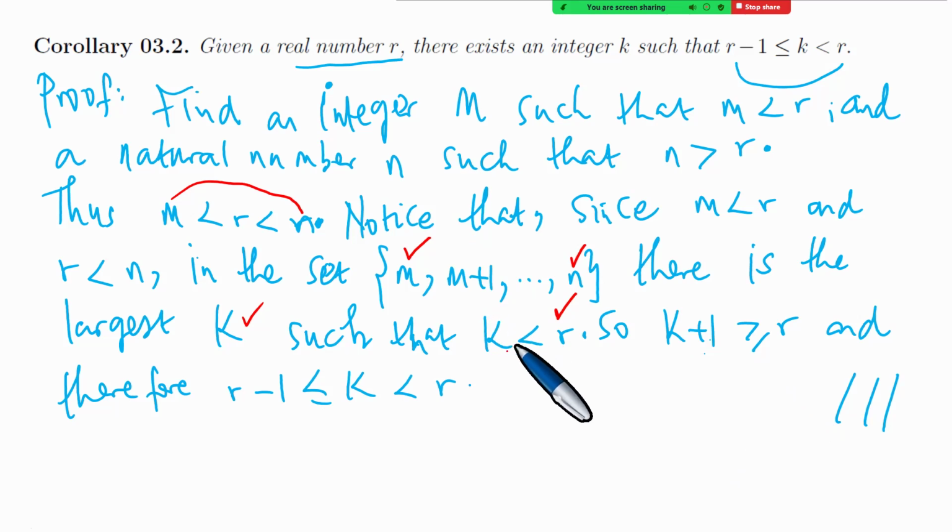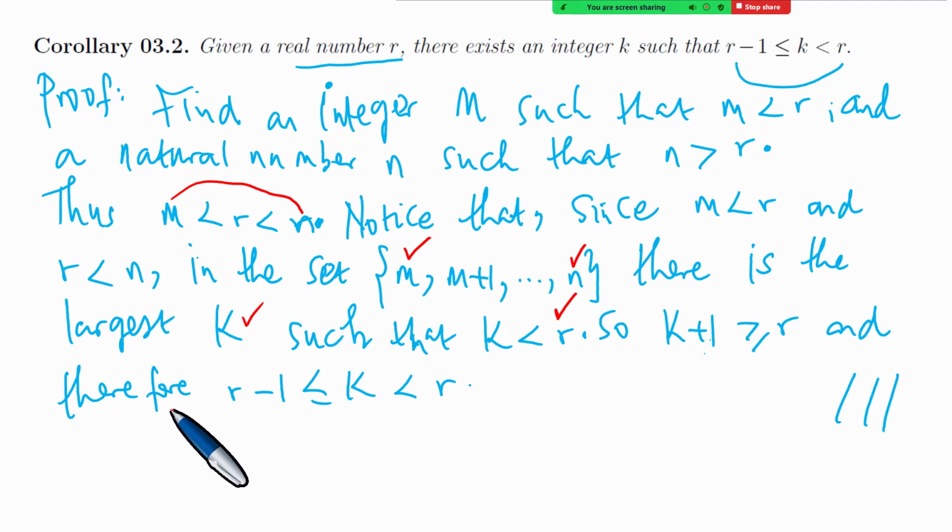So in other words, now we can find a k that is smaller than r, and the k is going to come potentially from this set. So if we add 1 to the k, so that we have k plus 1, this k plus 1 will be such that it is bigger than or equal to r.